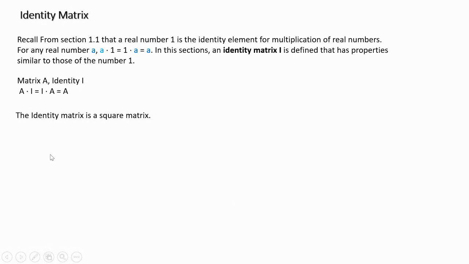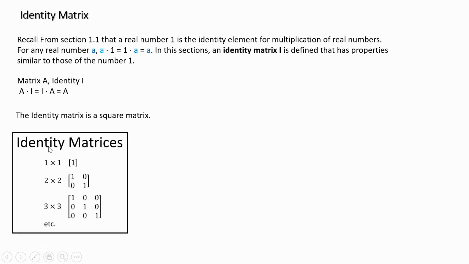But the identity must be a square matrix. It can be a 1 by 1 matrix, a 2 by 2, or a 3 by 3, etc. It has to be a square matrix, which means the rows and the columns are the same. That's when you use the identity. Example 9. Matrix A is A, B, C, D. This is to prove in general that this is true.